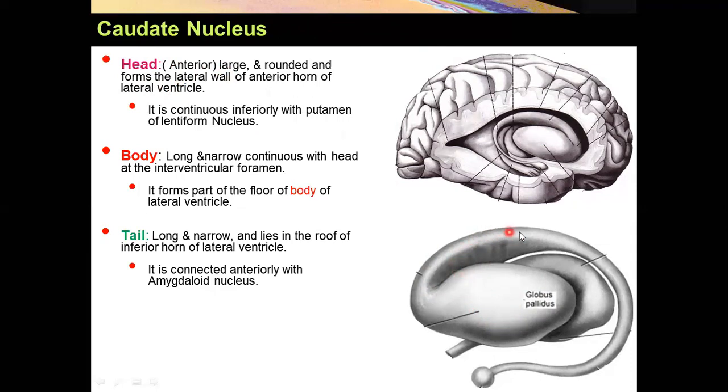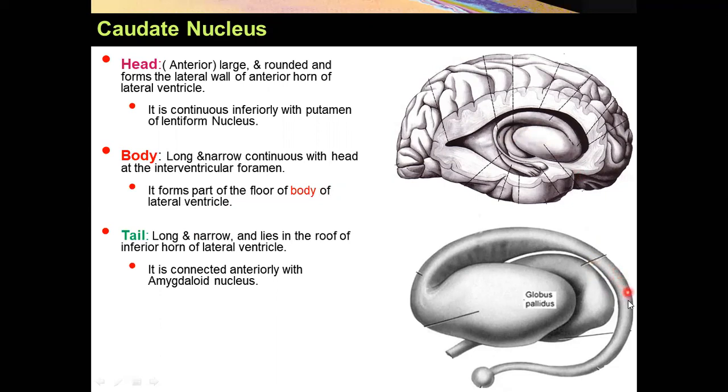The body of the caudate nucleus is long, narrow, and continues with the head at the interventricular foramen. There is interventricular foramen which connects two lateral ventricles to the third ventricle in the brain. And it forms part of the floor of the body of the lateral ventricle here.